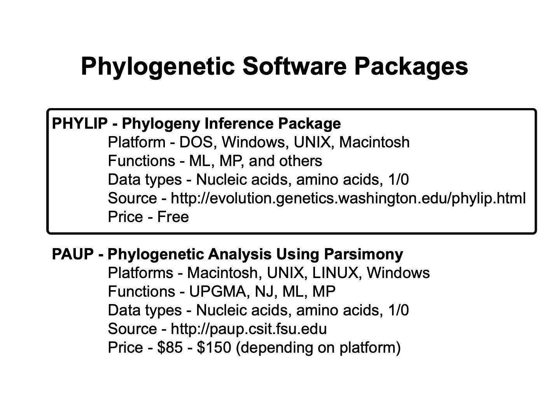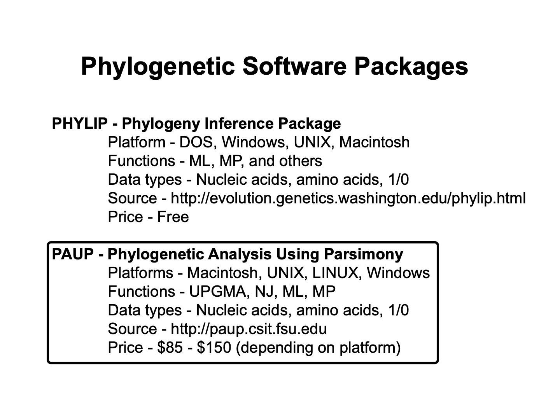PHYLIP here was primarily started to use maximum likelihood, so that's its strongest point. It has been altered, so it works. It can do maximum parsimony as well as some others, and it's also free. PAUP is still available. It was written originally for parsimony, maximum parsimony, but now includes UPGMA, neighbor joining, and maximum likelihood.